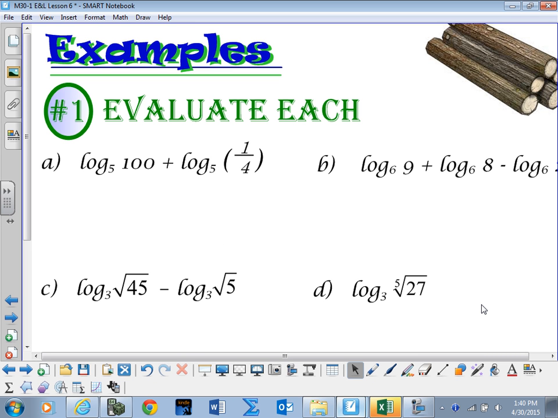Before we evaluate, well, the first two examples, let's put them into a single log. If I try to evaluate this as it is, 5 to the power of something is 100, that doesn't work out nicely, so I couldn't do that without going to my calculator and getting a fraction or decimal answer. But if we combine these into a single log, this could be evaluated easier.